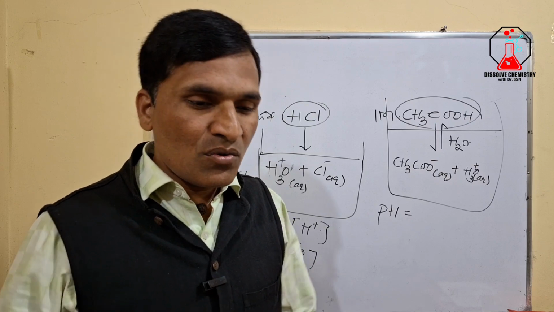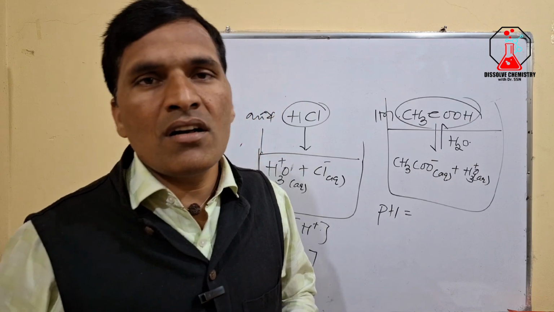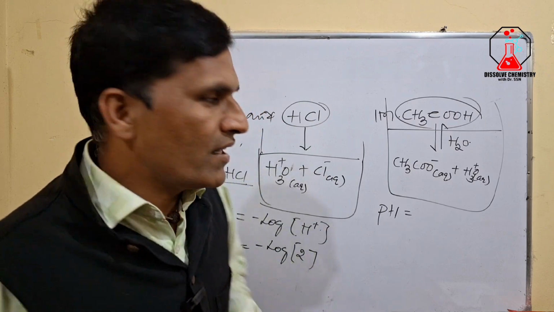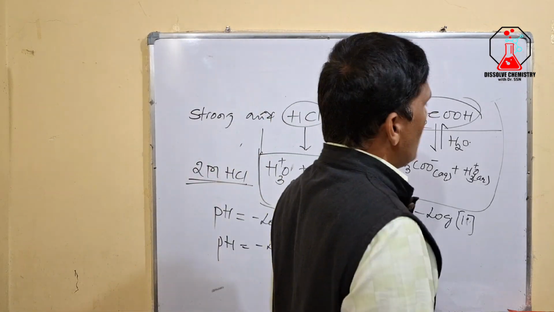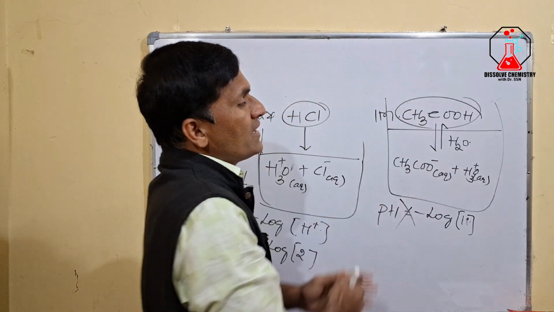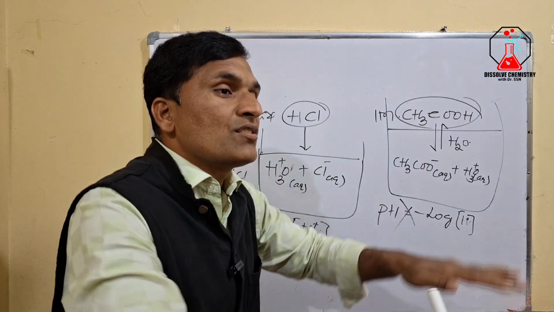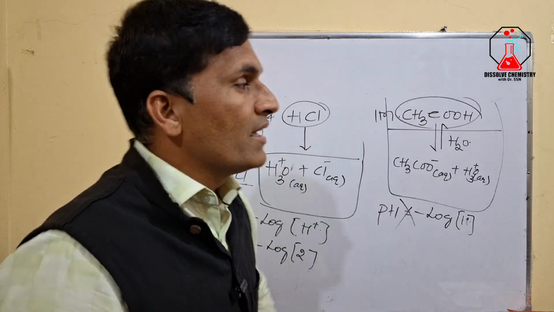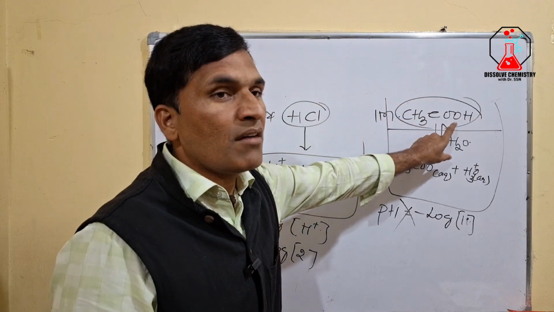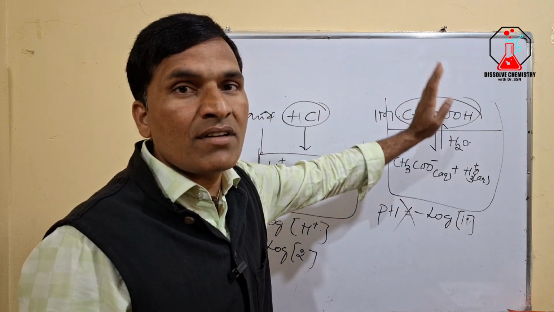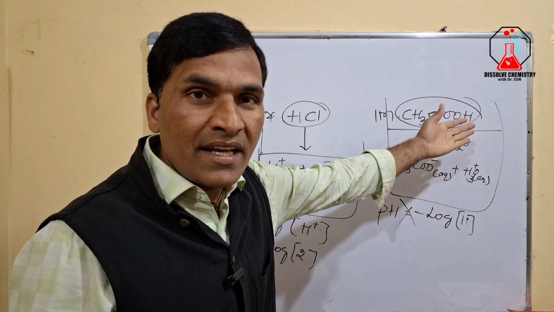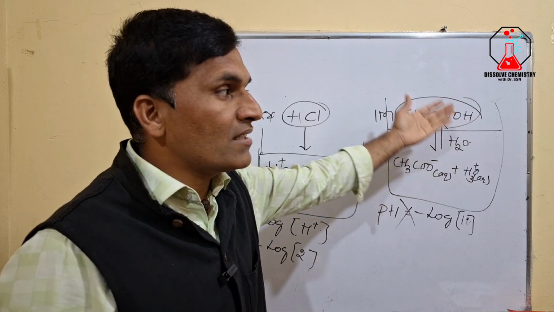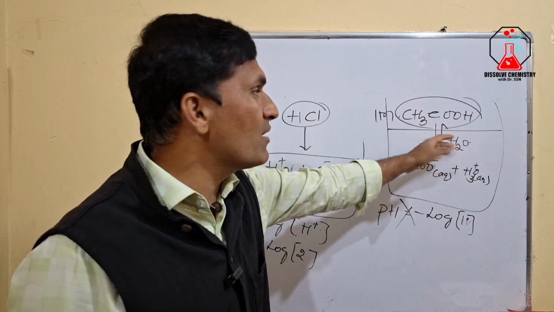So we have to approach it in a different way. How much of the acetic acid is in the dissociated form? Always remember, it establishes an equilibrium, and that equilibrium is dynamic; we have taken this as one of the important ionic equilibria.